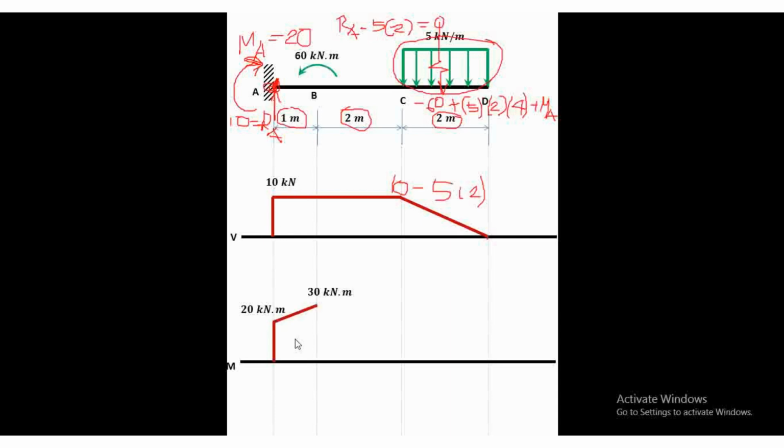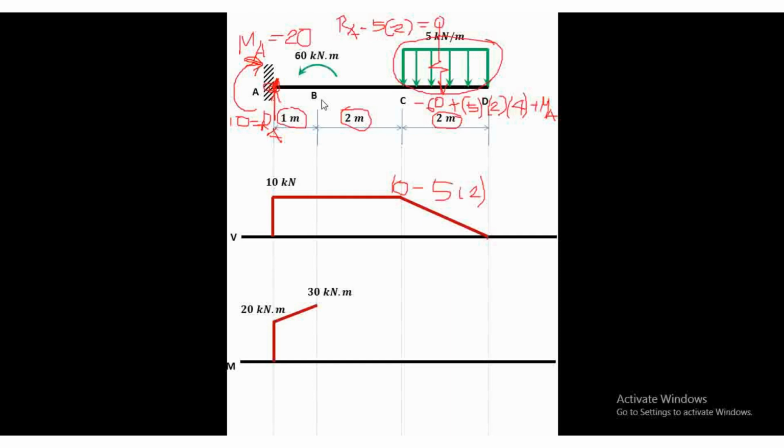Okay? Next, nag-end ako kay 30. Dito na rin ako mag-start. Between B to C, that is again a rectangle. So, that is 30 plus 10 times 20 is 30.